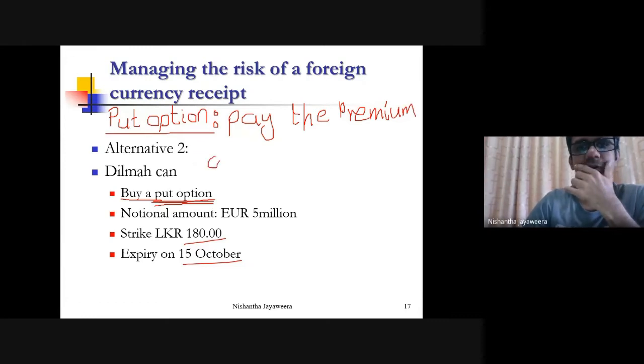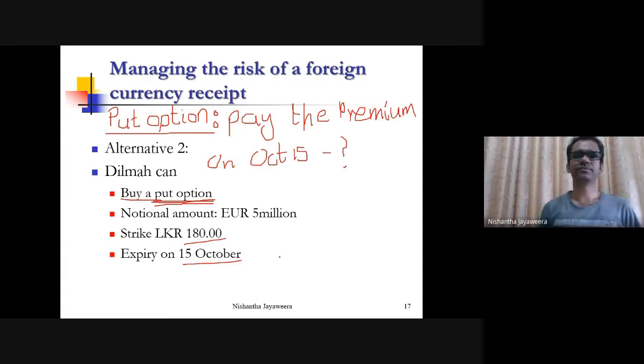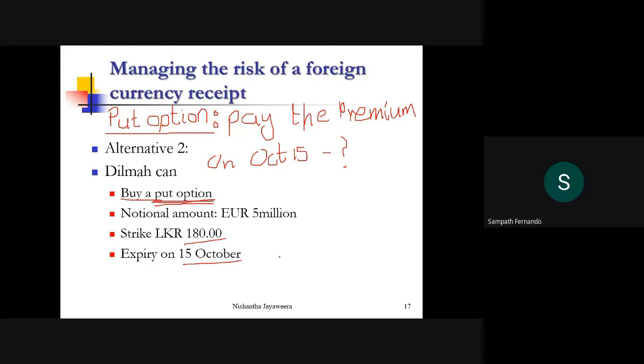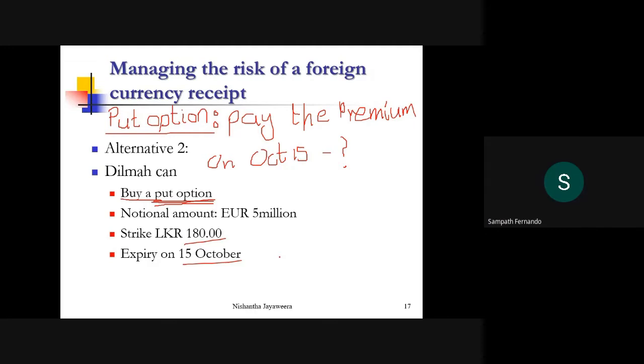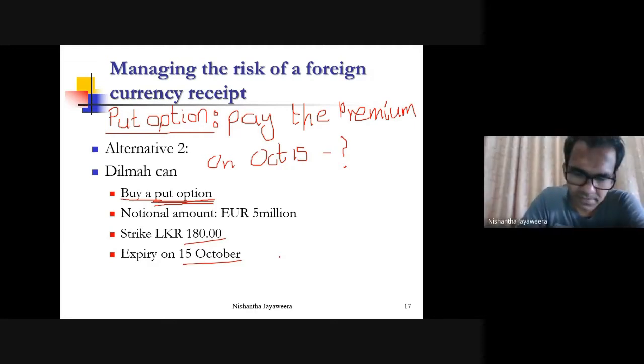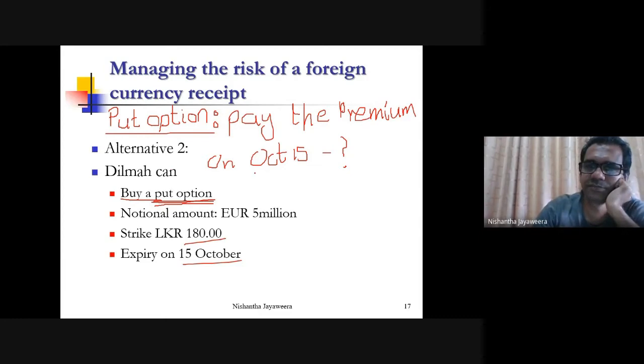Okay. On October 15th, the expiry date, what do you do? See the exchange rate on that date. If it has gone down, only then we exercise; if not, we will not exercise. Yes. On 15th October, you have to find out what the exchange rate is.